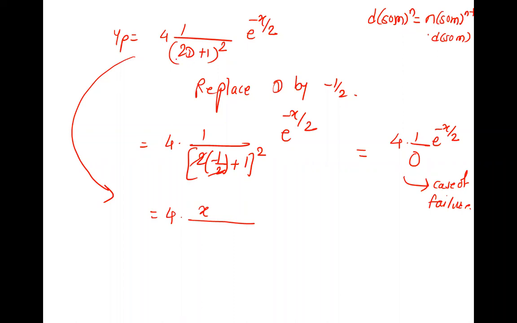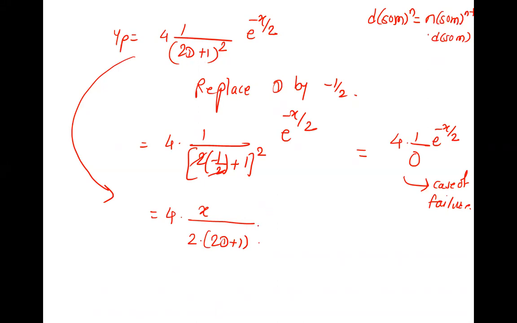Okay, so this is your something raised to n. So it is n into something 2D plus 1 raised to n minus 1, 2 minus 1, that is 1. No need to write. Into derivative of that something.